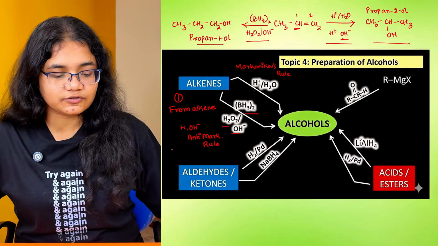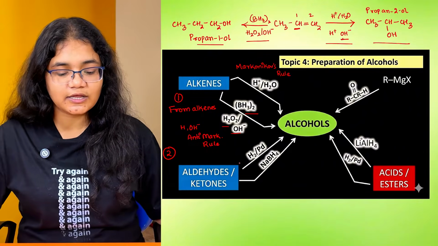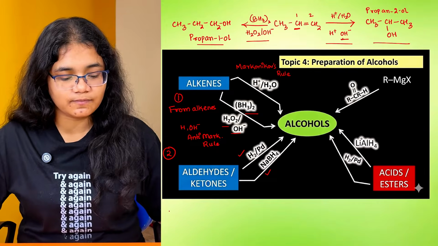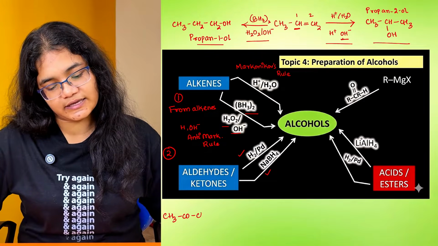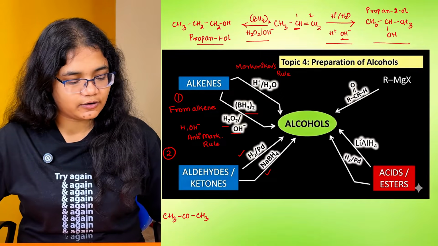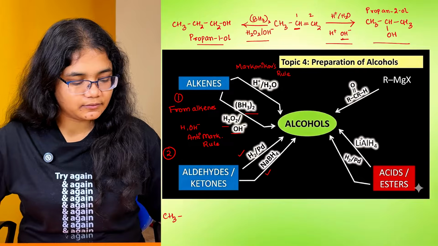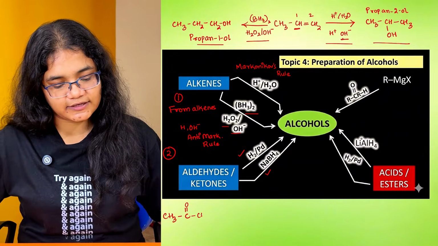Now coming to the next one, that is using aldehydes and ketones. So reduction of aldehydes and ketones. For that we have two reagents. One is H2 palladium, another is NaBH4. So for example, you have CH3COCH3. Let me write the correct structure so that we can understand. See, CH3 C double bond O, CH3 is there.